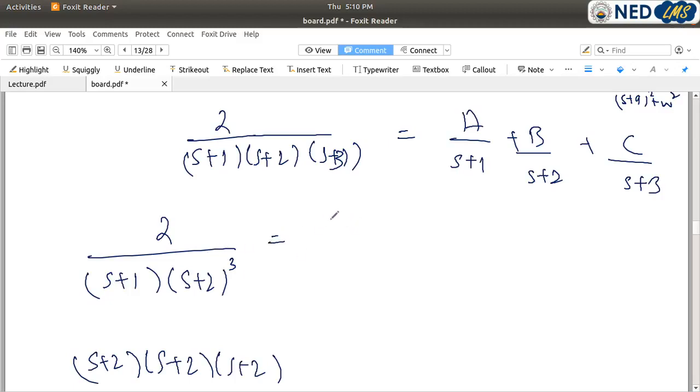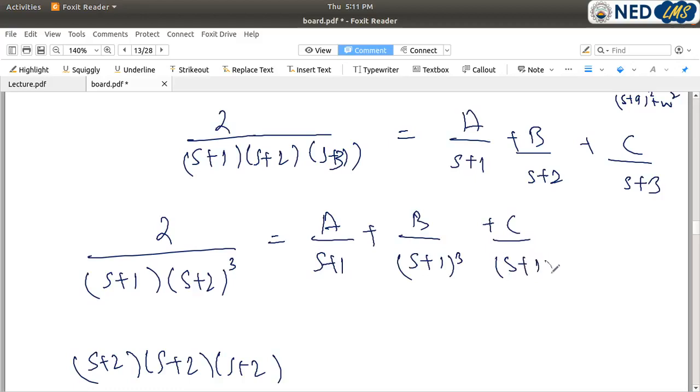The procedure is a over s plus 1 plus b over s plus 2 whole cube plus c over s plus 2 whole square, and d over s plus 2. Then we saw under case 2 how to solve for the inverse Laplace transform.